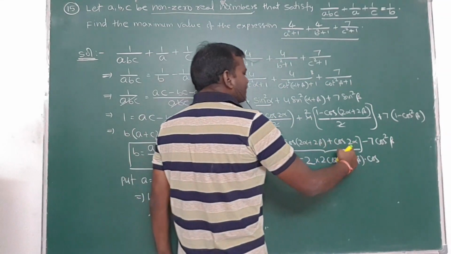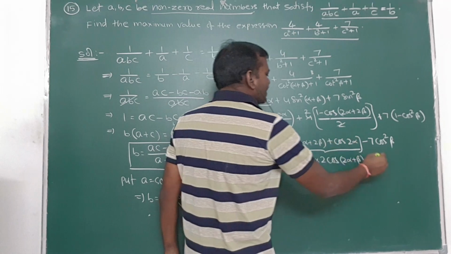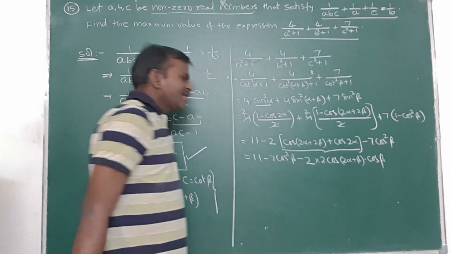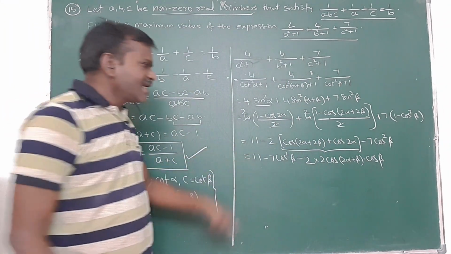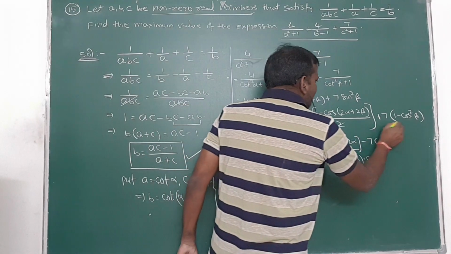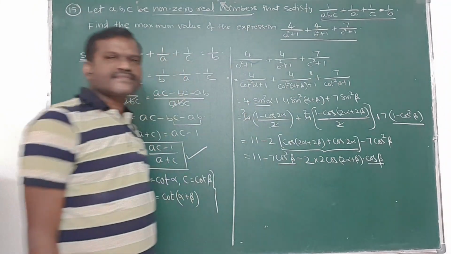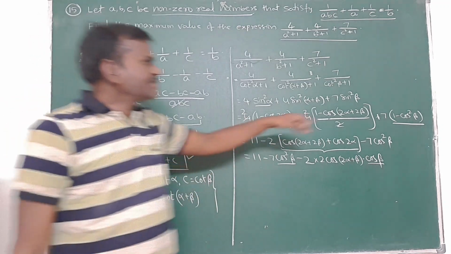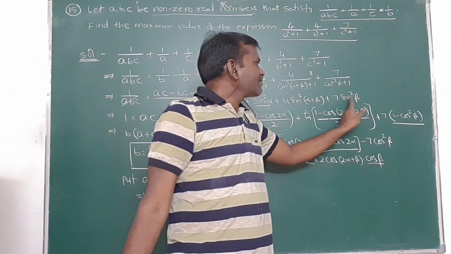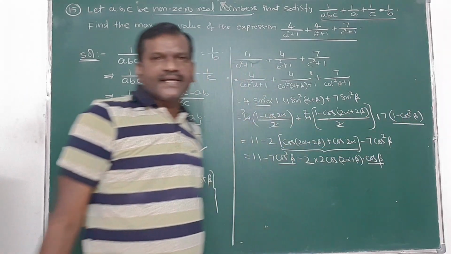Here, when I subtract, the 2 alpha gets cancelled, and 2 beta by 2 gives cos beta. That's why I wrote 1 minus cos square beta here. Why? Because cos beta is there. That's why in place of sin square beta, I substituted 1 minus cos square beta.